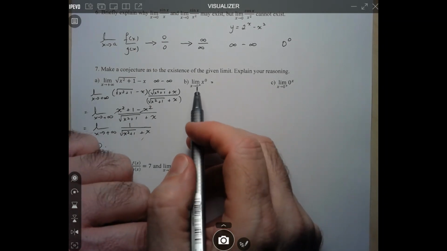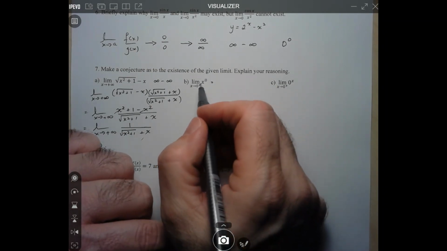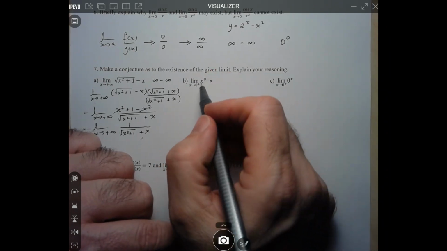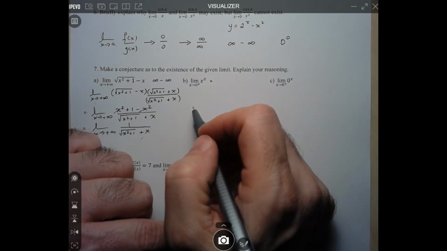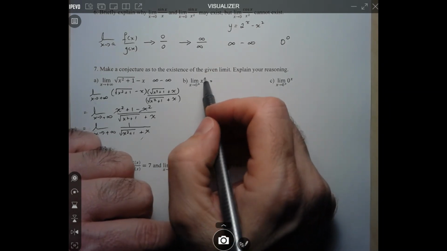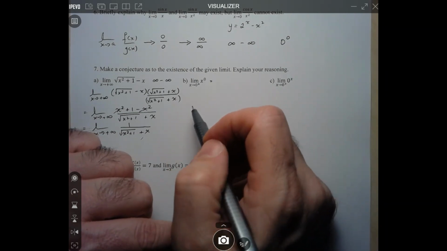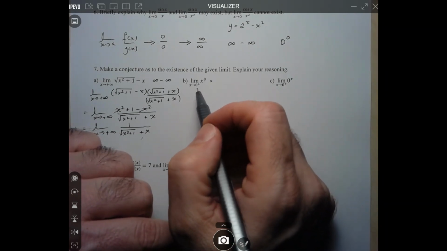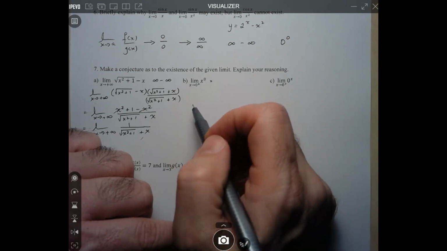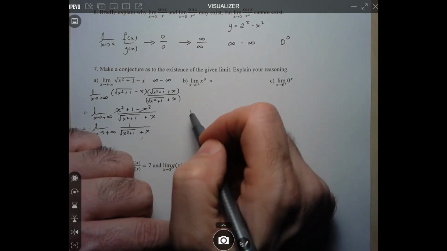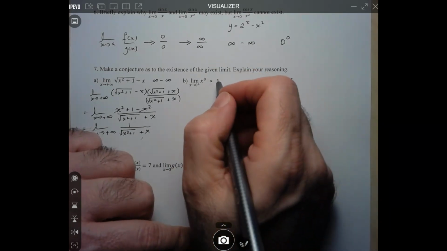But we notice here that when I've got numbers not equal to 0 in the base, these values are always going to be equal to 1. So 0.1 to the 0 is 1. 0.01 to the exponent of 0 is 1. 0.0001 to the exponent of 0 is equal to 1. So any base that's not equal to 0 to the power of 0, we know has to be equal to 1.